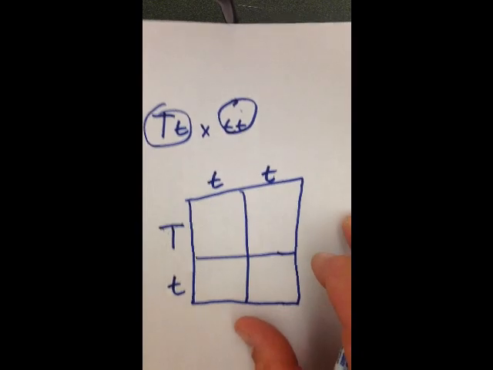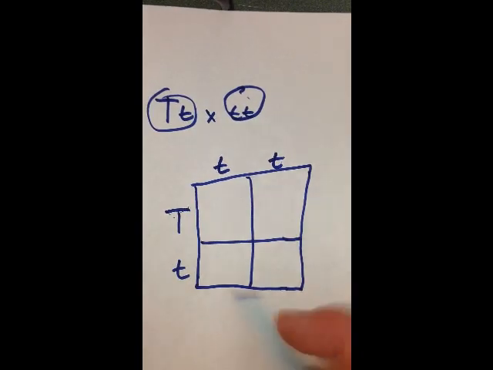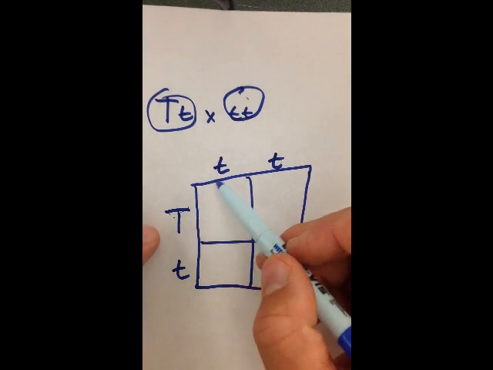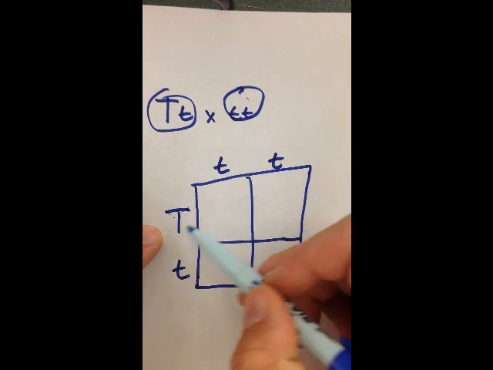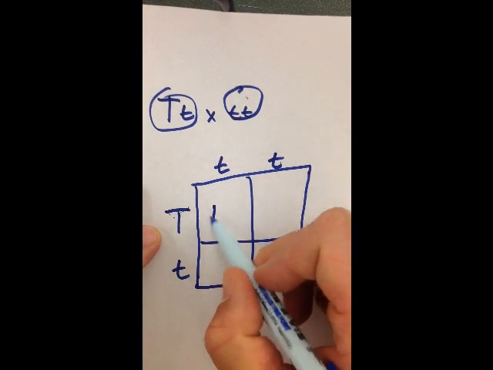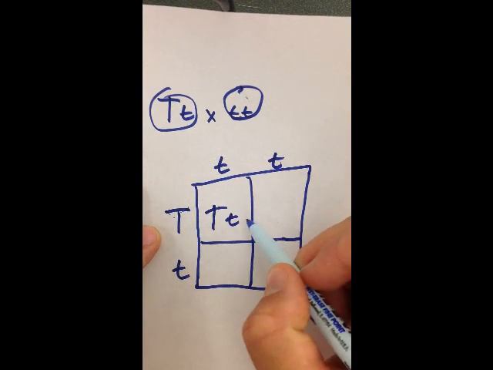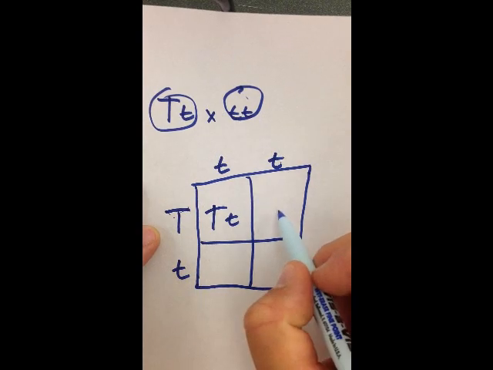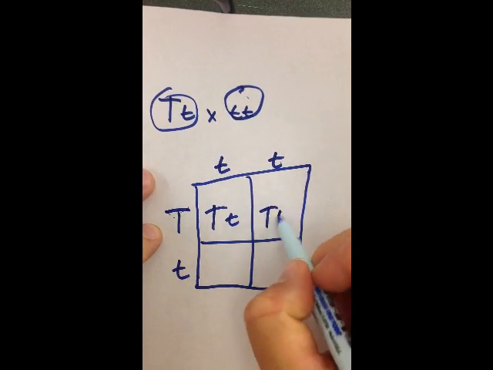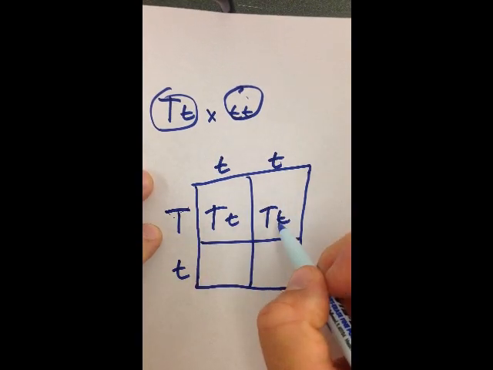From there, I would look at the combination possibilities. We do that by kind of following our fingers across here. I could get a little t from this parent and a big T from this parent. So this offspring would have a heterozygous genotype. If I go across here, I would get a big T and little t, following that T across.